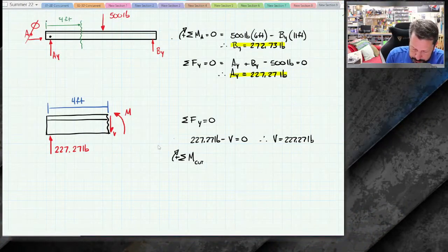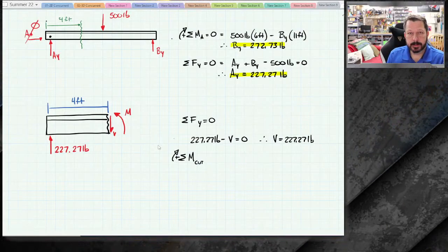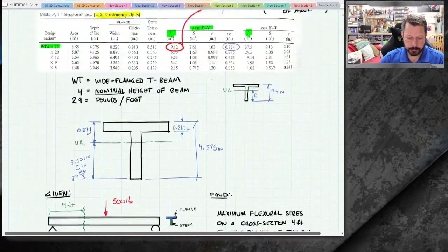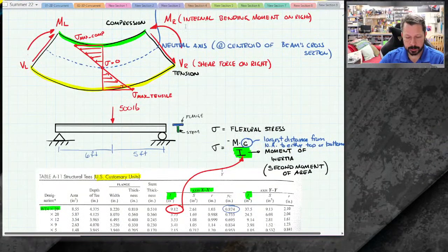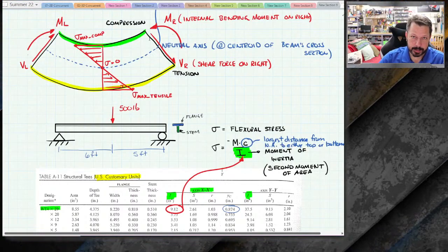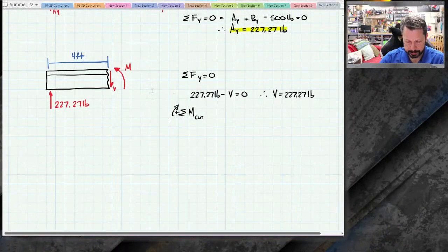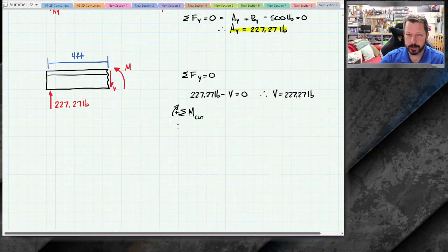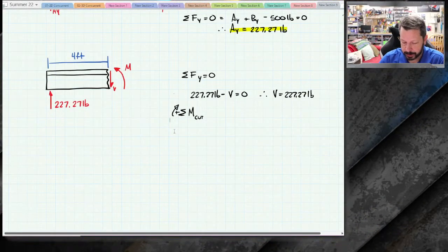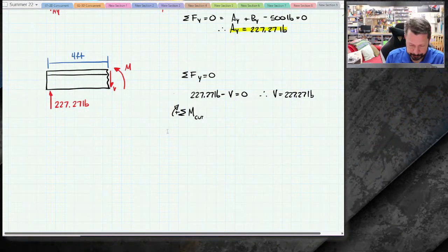So clockwise positive, the way I drew it, you're going to see a lot of these counterclockwise positive because the way that we assign these, a lot of times you're dealing with this one and it is counterclockwise, and so a lot of people want that to be positive, and that's fine. I just, for whatever reason, I typically do clockwise positive when I'm writing the moment equations.